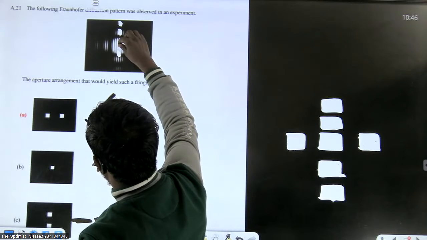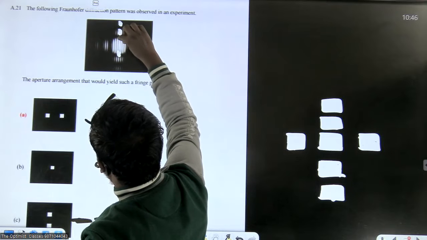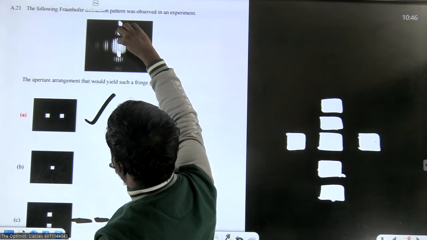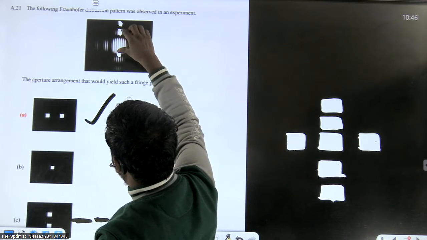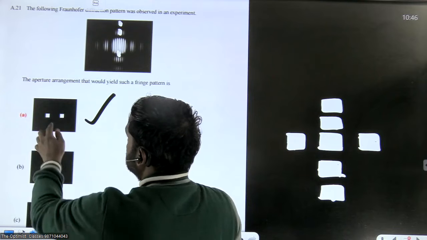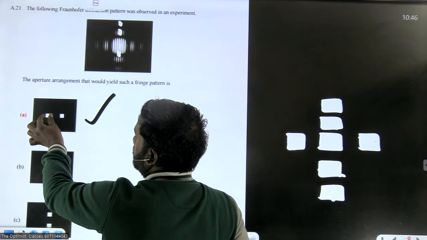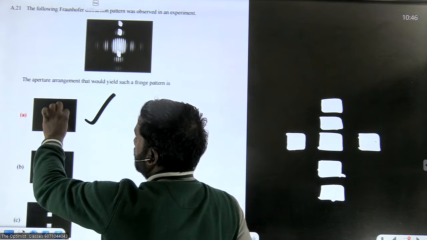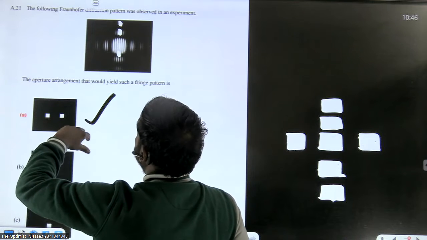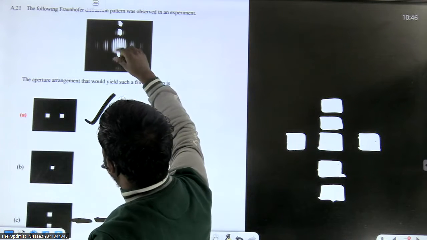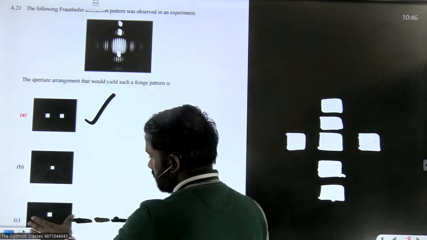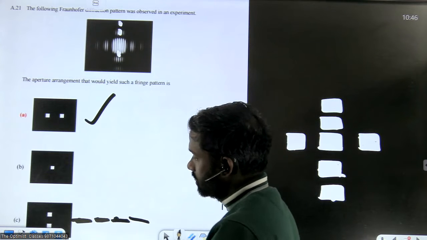That's why you see that the thickness of secondary maxima is very small in the x direction, but large in the y direction, because in the x direction the width is more. There is width here also and there is width here, but in the y direction the width is the same everywhere. So more spreading of light will occur in the y direction here. In this case, more spreading of light will occur in the x direction. You can say that.